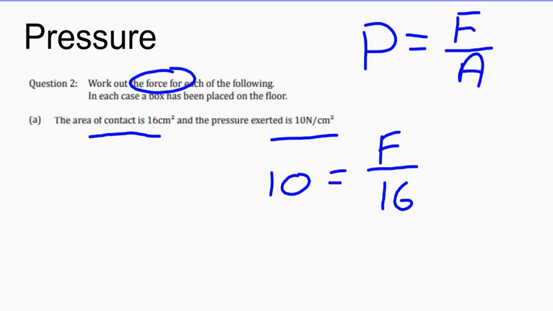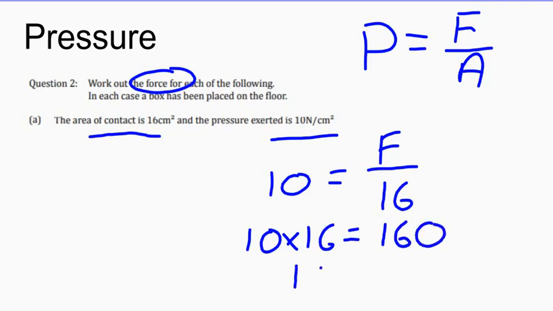Something divided by 16 is 10, so this time we multiply them together, and that equals 160. So the force is 160 newtons. The rest of this question is exactly the same.